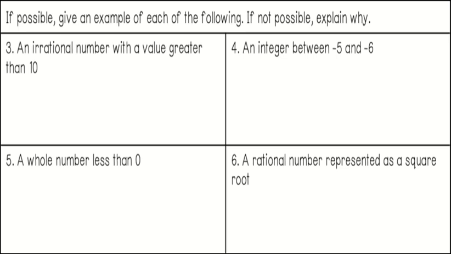That's square roots we don't know. Pi is irrational, but it's not greater than 10. Whole numbers are not irrational.